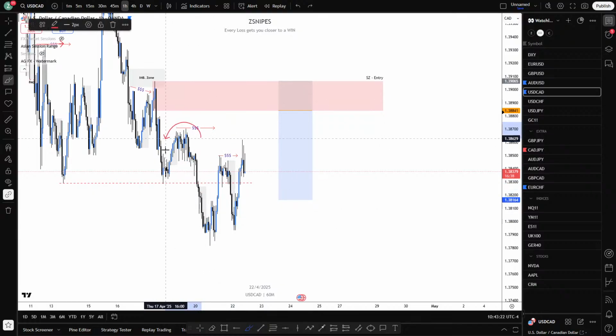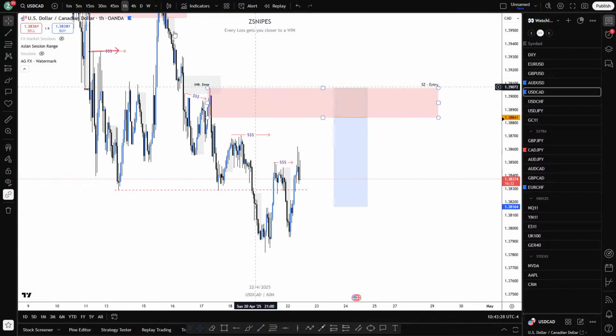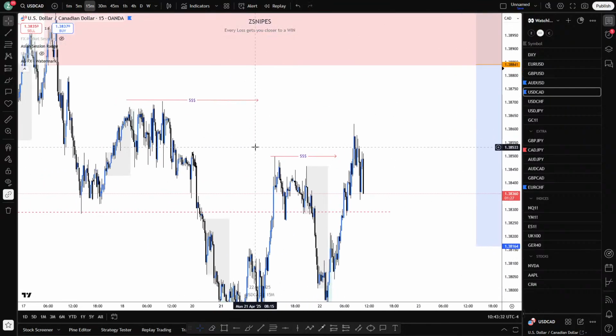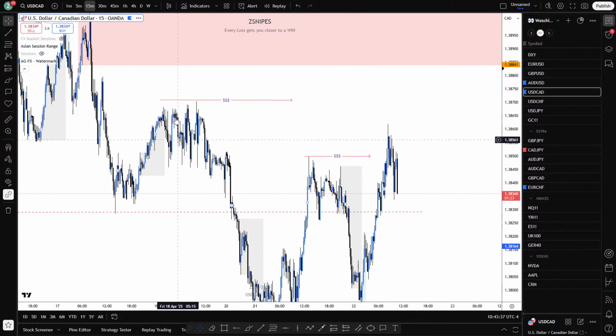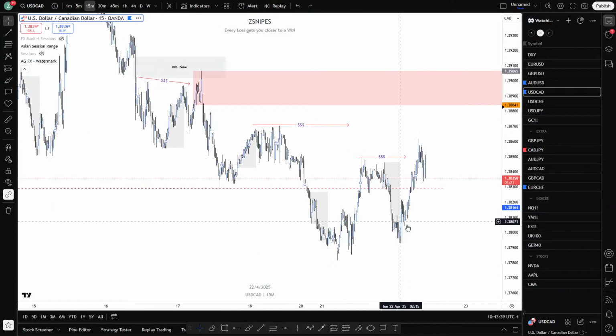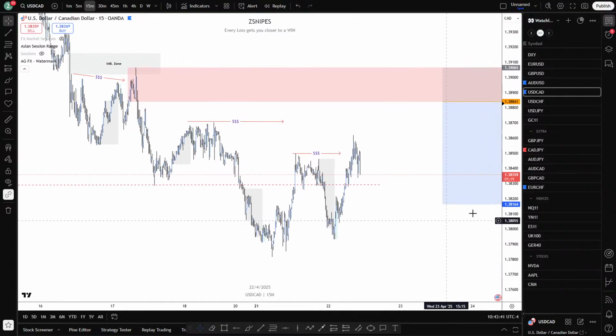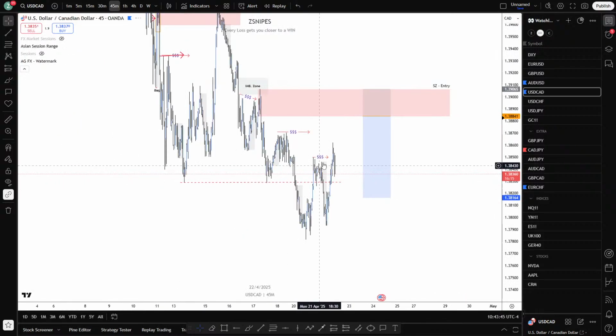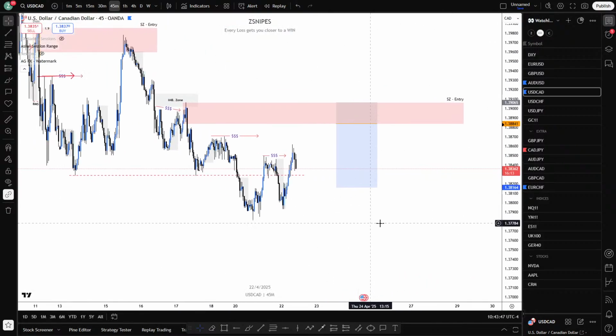I'm looking for the impulse to happen here, which is where it happened after that manipulation. The market can still react from that area. This is a distribution, so it's not bad. If the market continues lower from there, that's perfect, and we'll take the next entry. That's okay.